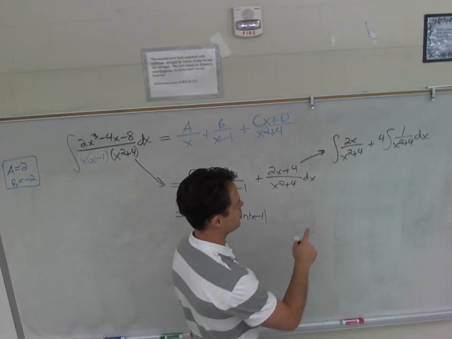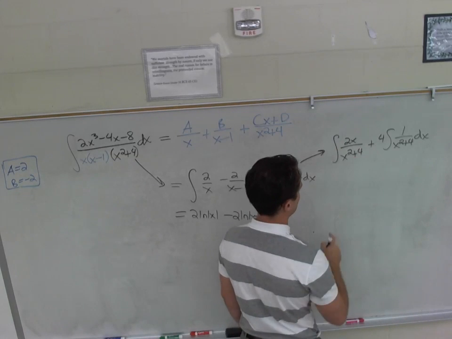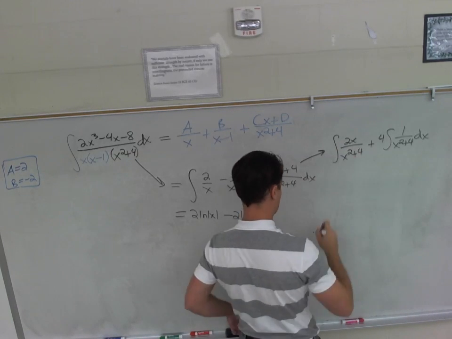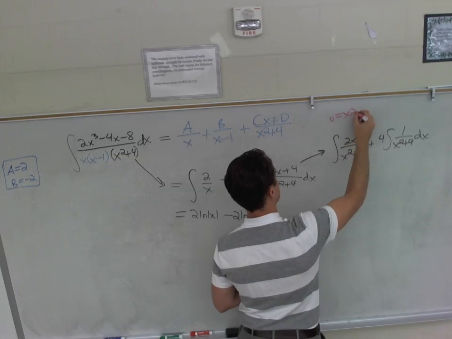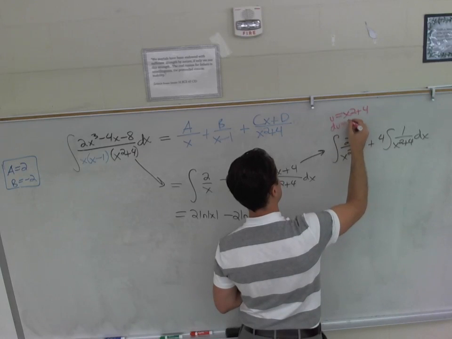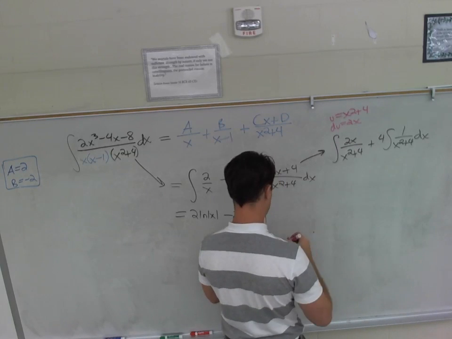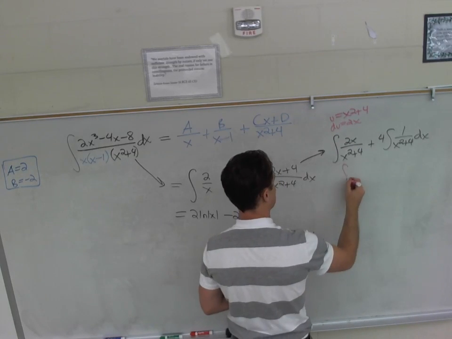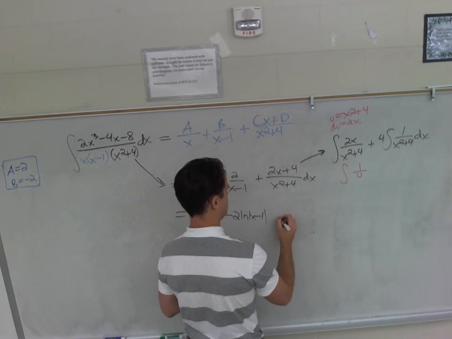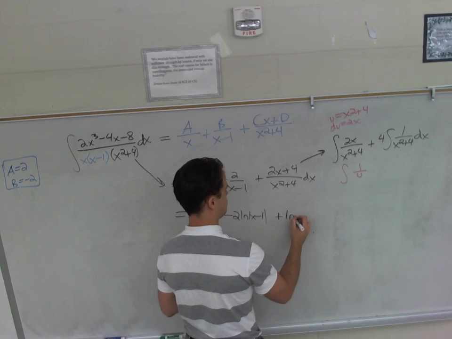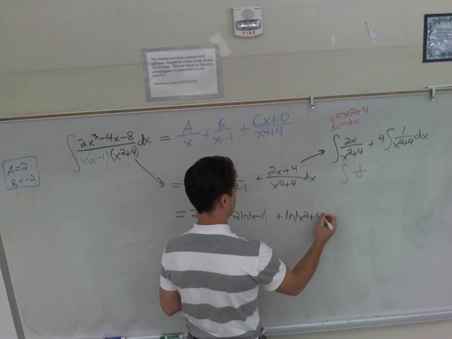So this one is a u sub, the derivative sitting right there. So u is x squared plus 4, du is 2x, just like what we needed. So that guy's the integral of 1 over u. So it's going to turn into plus the natural log of x squared plus 4.